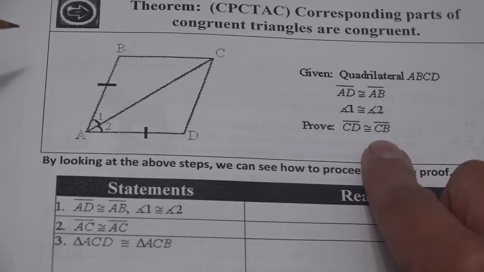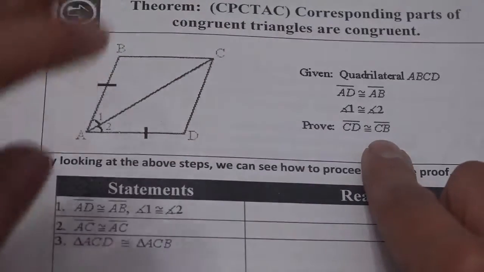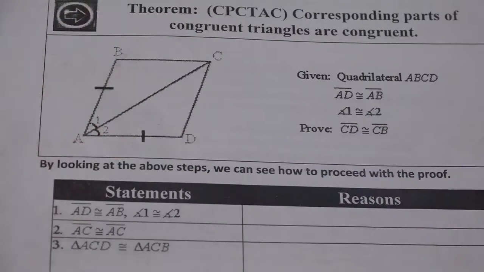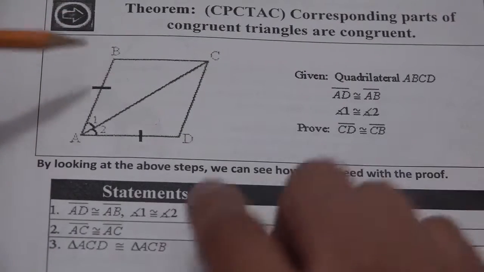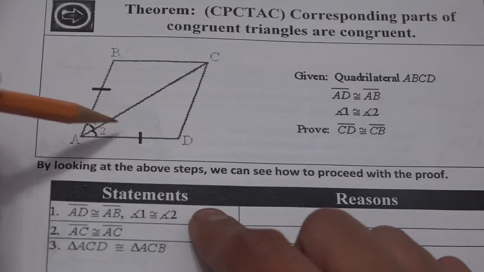First, the rule says that I have to prove the triangles congruent in every aspect. If you can prove the two triangles congruent by one of the methods, then it's over. Every other part of one triangle will be congruent to every other corresponding part. So let's see now. AB is congruent to AD.